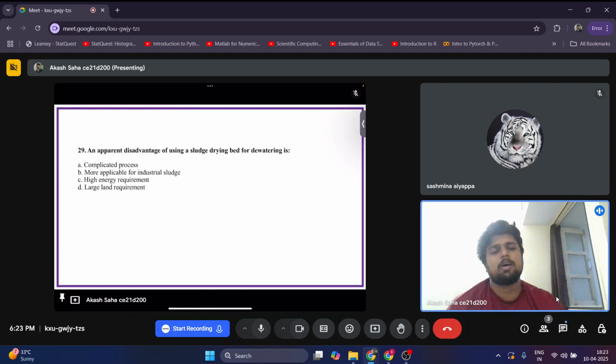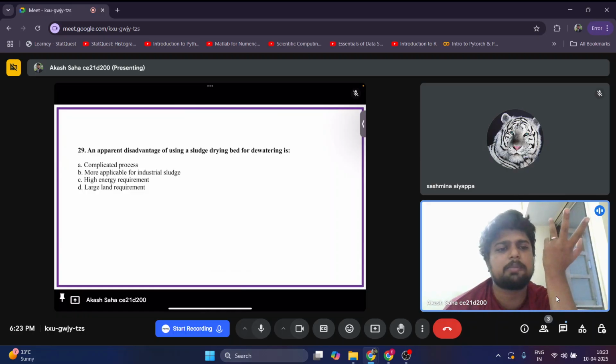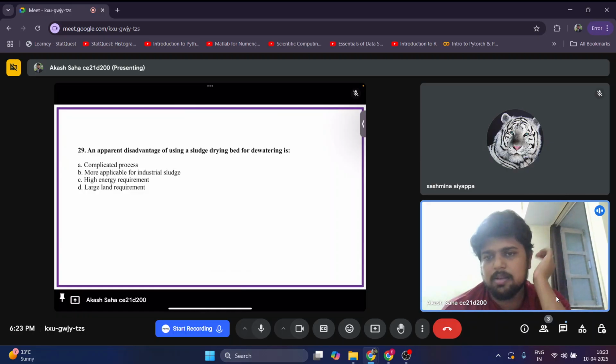The water will evaporate. So what do you think is the problem? Basically it's not a complicated process. We just lay the sludge over a piece of land. It is not applicable only for industrial sludge, because that will carry a lot more toxic things. And there is no energy requirement either.